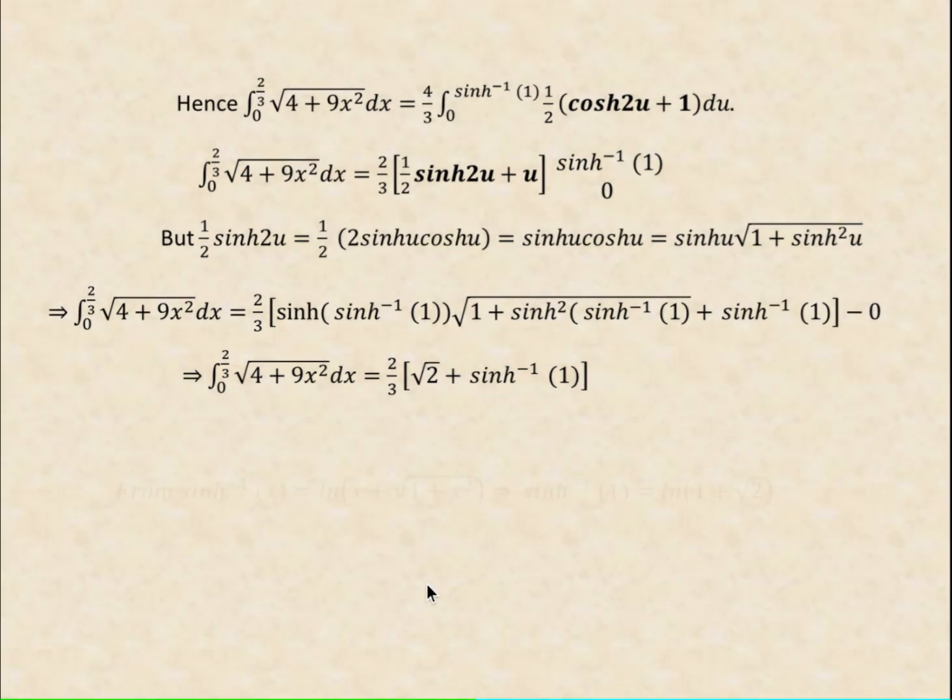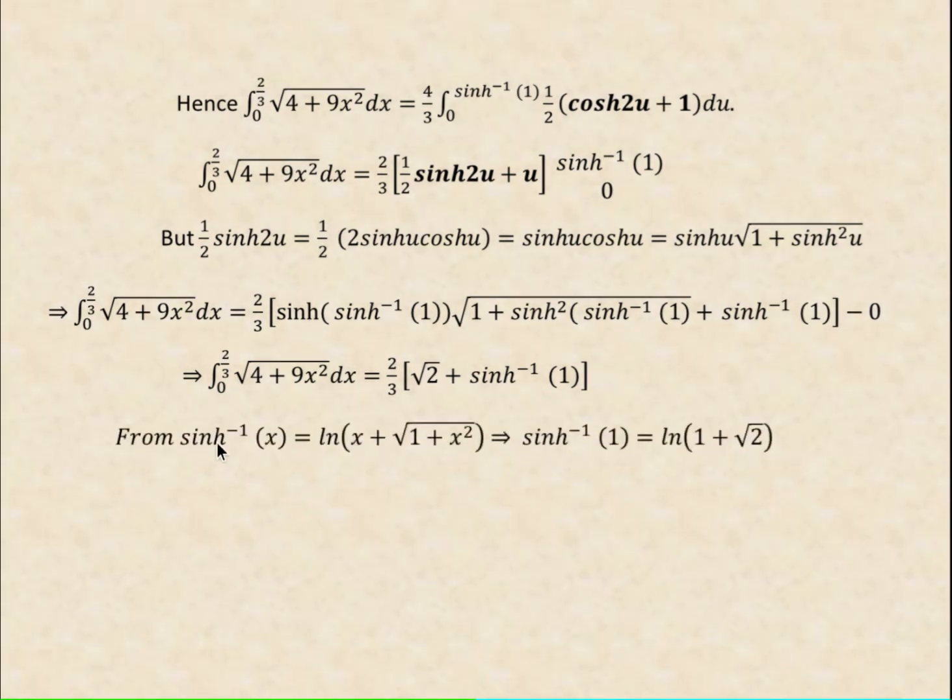In order to simplify sinh inverse of 1, we start by noting the logarithmic form of sinh inverse of x, which is ln of x plus the root of 1 plus x squared for all values of x. So using this logarithmic form, we can express sinh inverse of 1 in logarithmic form as ln of 1 plus the root of 2.